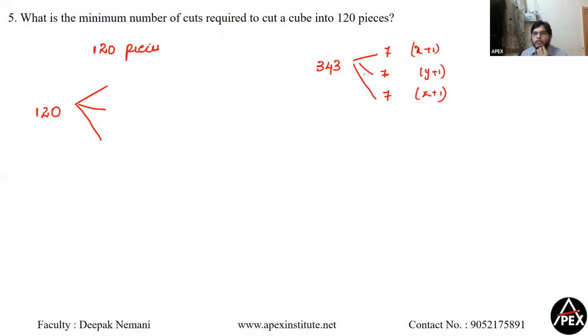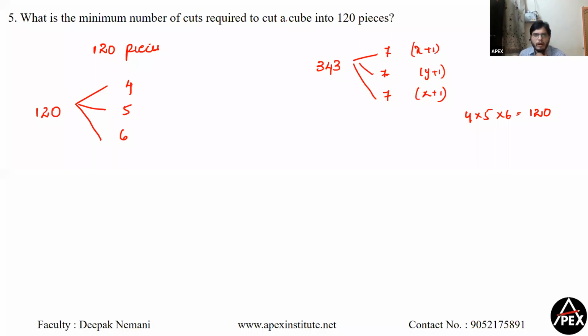And they are very close to each other. So we have two responses, 4, 5, 6 or 3, 4, 5? 4, 5, 6, isn't it? 4 into 5 into 6 is equal to 120. Okay, so let me consider 4, 5 and 6.